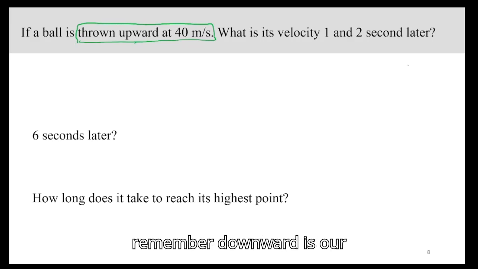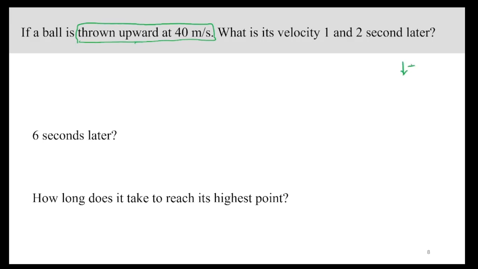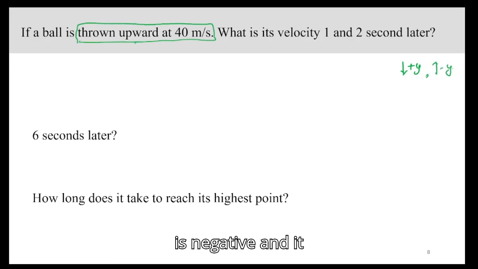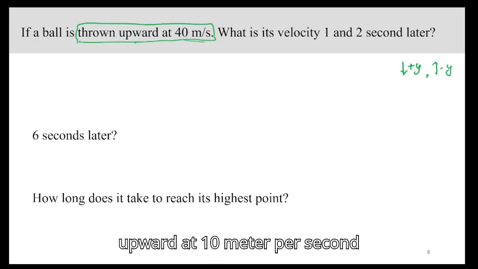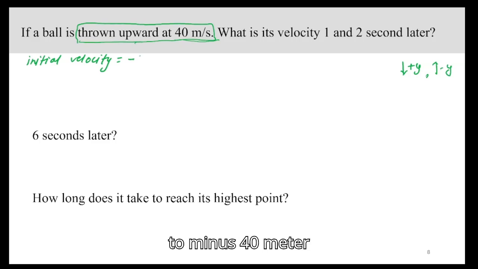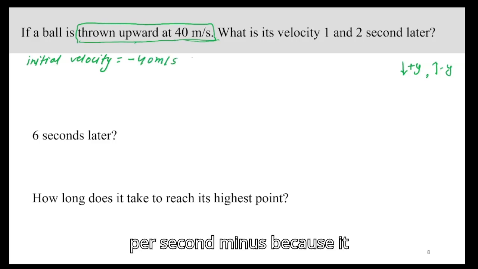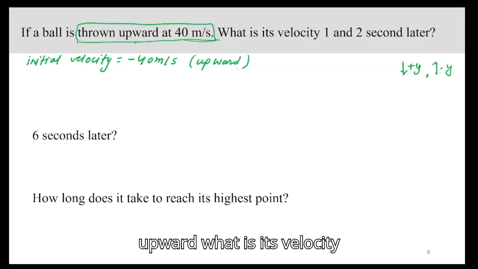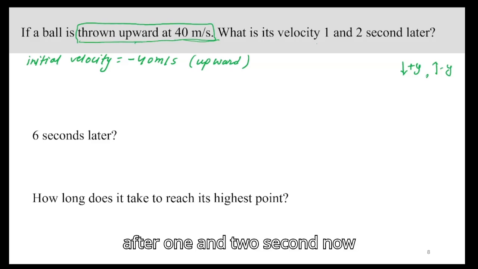Now if we remember, downward is our positive in this case and upward is negative, and it says the ball is thrown upward at 40 meter per second. That means our initial velocity is equal to minus 40 meter per second, minus because it is going upward. What is its velocity after 1 and 2 seconds?